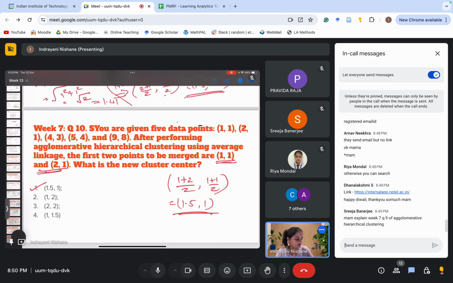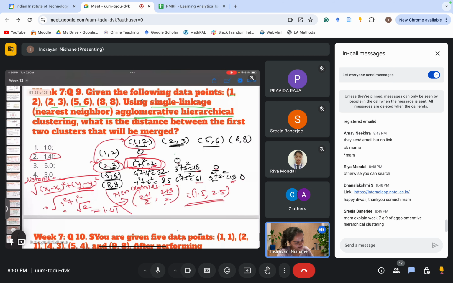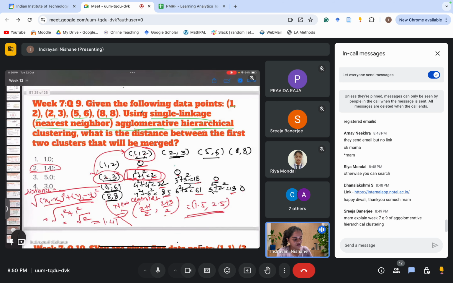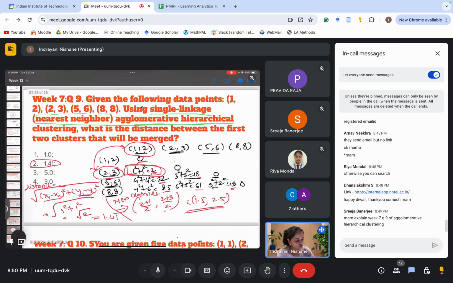So we are computing their average, and this is our new centroid. No, this was question 10, I think. Question 9, yeah, you mean this? Yeah, this is how we compute it. These 2 points are getting merged together, and their distance is the square root of this sum of squares. So we have calculated this sum of squares, and the distance is the square root of the sum of squares, no? So square root of 2 is 1.41. So that's the answer.